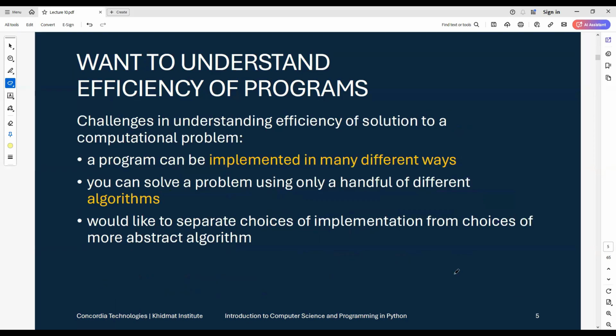Now, when we look at computational problems, there are many challenges, and any program can be implemented or written in many different ways. But for many given problems, there are only a few ways in which you can implement it.